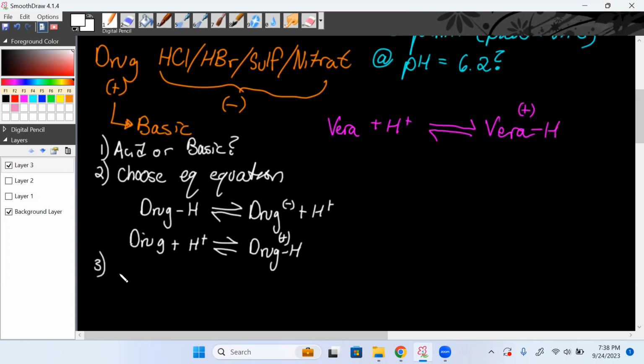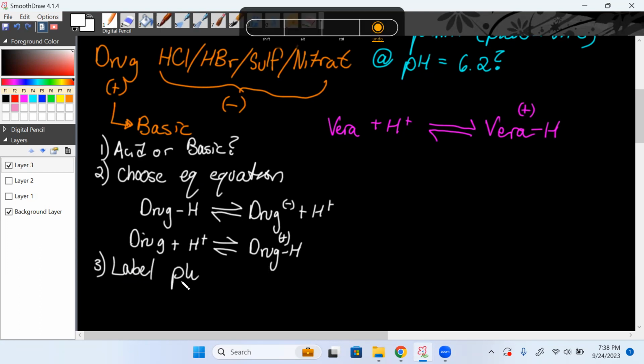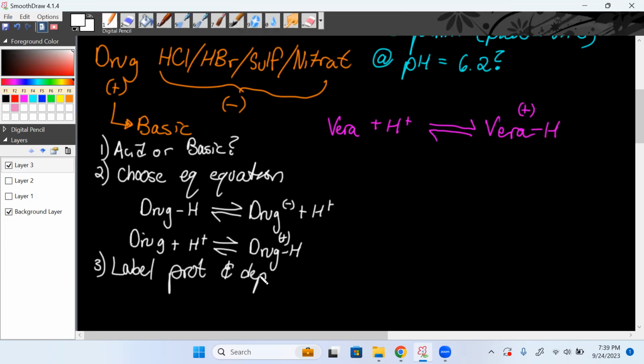Once we've done that, the next step is to label the pKa and pH. Or actually, I skipped a step. We need to label the protonated and deprotonated drug. Then we can say that the protonated drug is this one over here. So we have our protonated drug and we have our deprotonated drug, in the same way that this would be our non-ionized and our ionized drug.